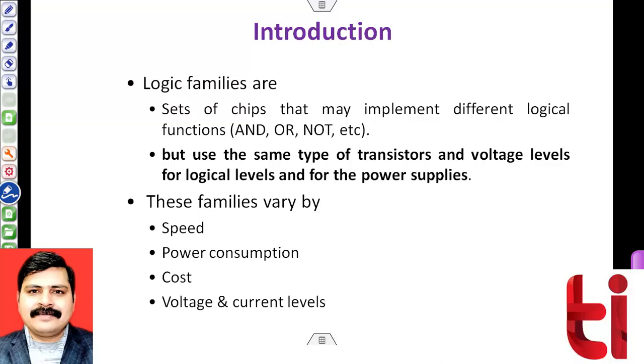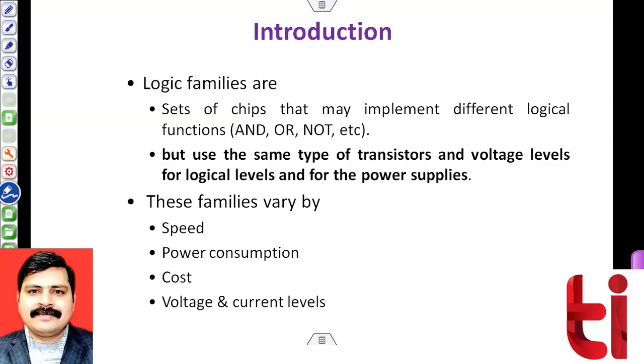And these are the few parameters on the basis of which one can choose an appropriate logic family. So if viewers want to do a comparison among the different logic families, then these are the interesting parameters on the basis of which one can take a judgment and select a particular logic family.